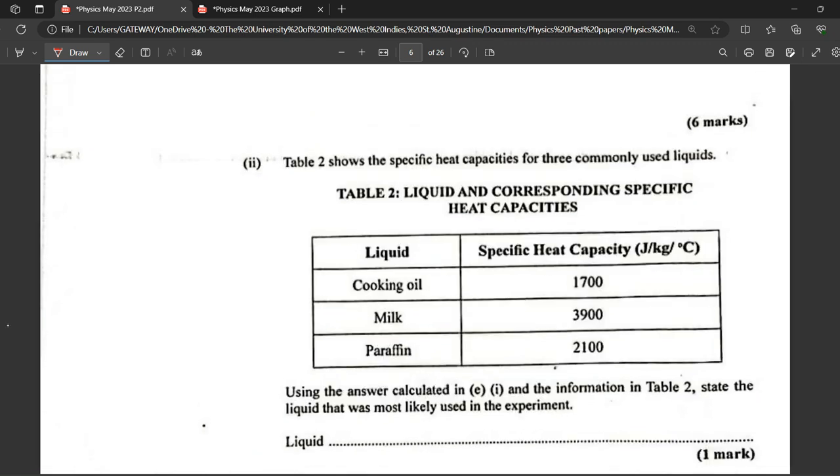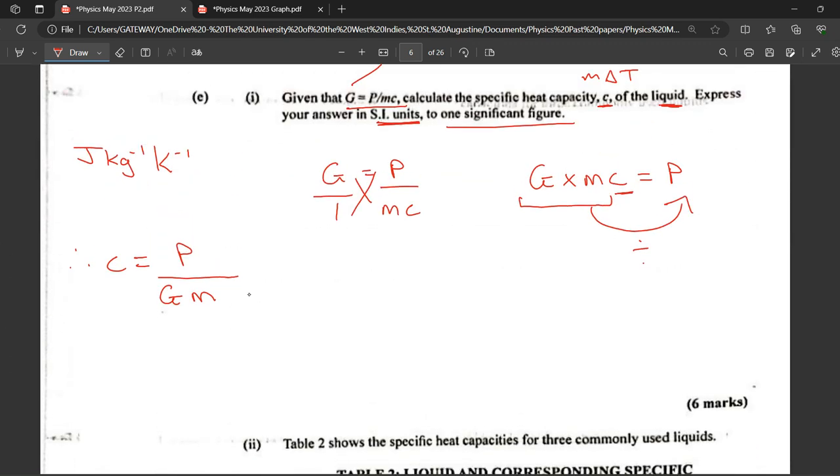So it's just a matter of plugging in those values now. Instead of P, we're going to have 105. Instead of G, we're going to have 0.087. Multiplied by, instead of M, we're going to have 0.3.